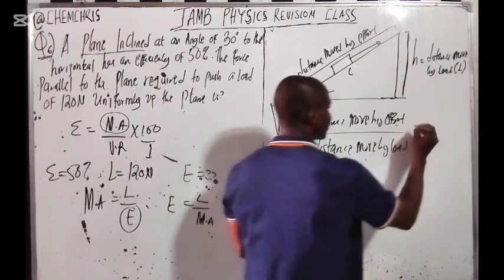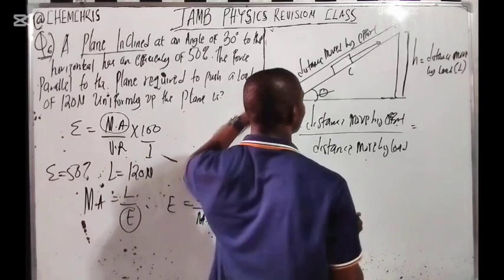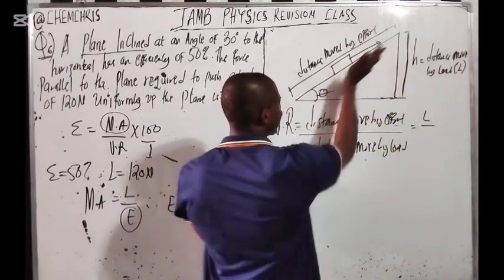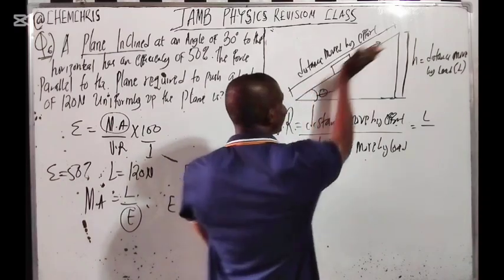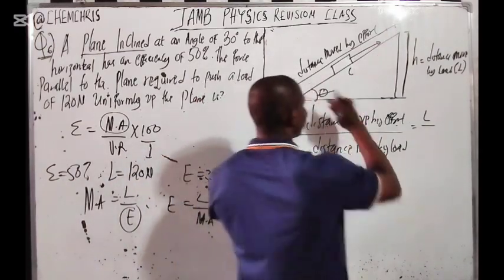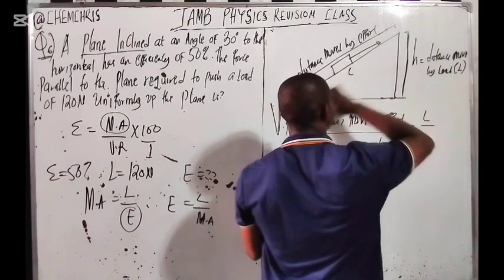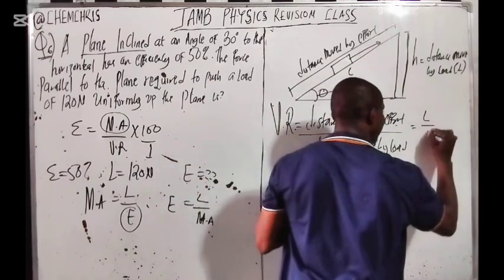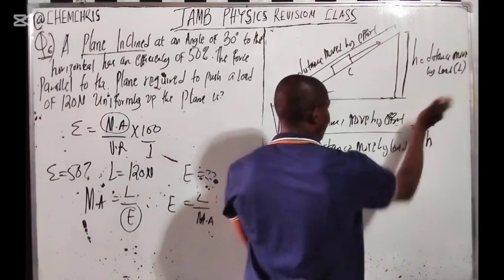Just that. So the distance moved by effort is L, the length of the inclined plane, right? While the distance moved by load is the height. So you can use one here.